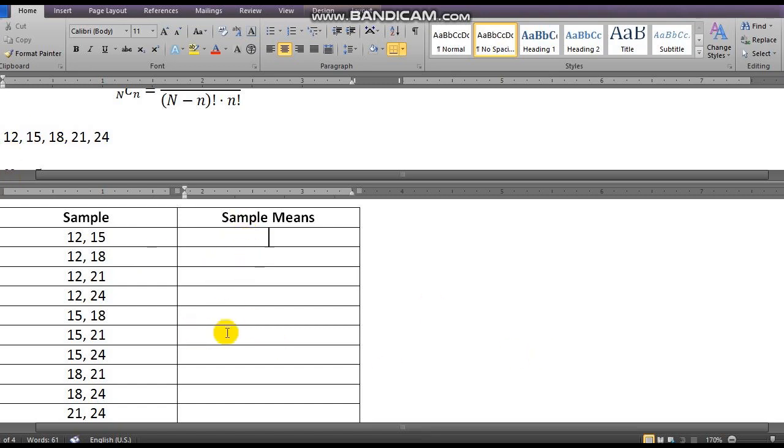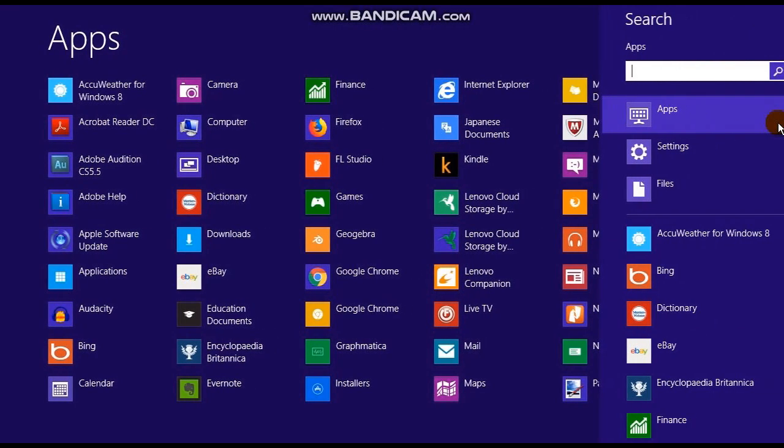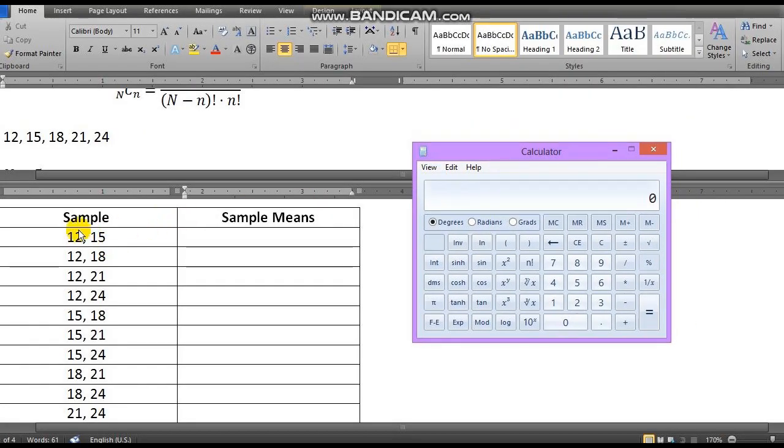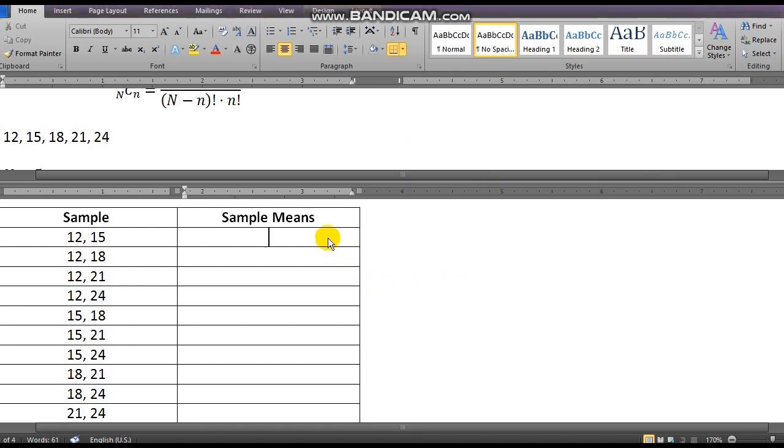Let's now get the sample means. So let's bring out our calculator here, and we're going to get the mean of each sample. So basically, we're going to get the average. So add them, divide by how many members are in each sample. So there's 2. So we just get 12 plus 15, that's 27, divided by 2, that is 13.5.